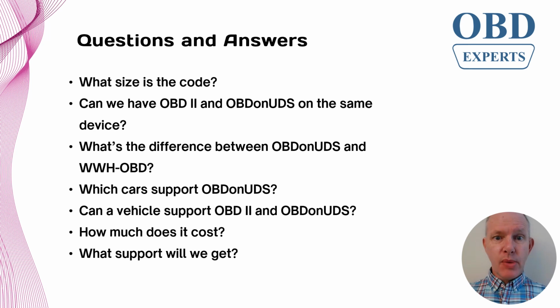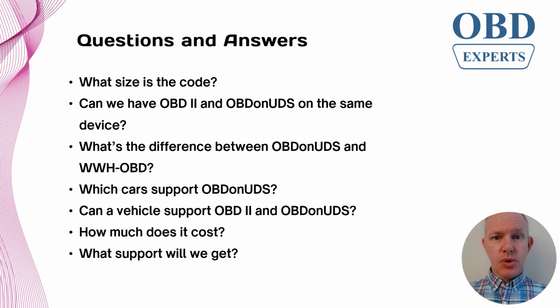Yes, unless you plan to only support OBDonUDS vehicles, then you should have both OBD2 and OBDonUDS. The new J1979-2 standard incorporates the old standard and dictates that you first attempt the OBD2 connection sequence, and if no ECUs respond, then you try the new OBDonUDS connection sequence.